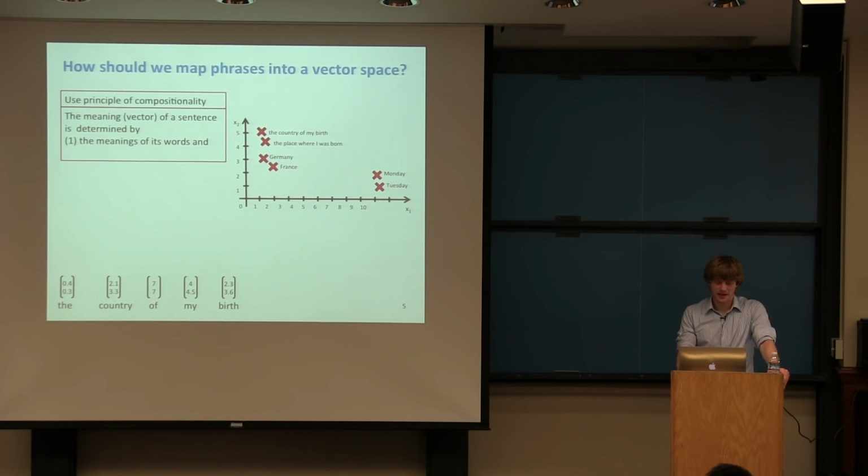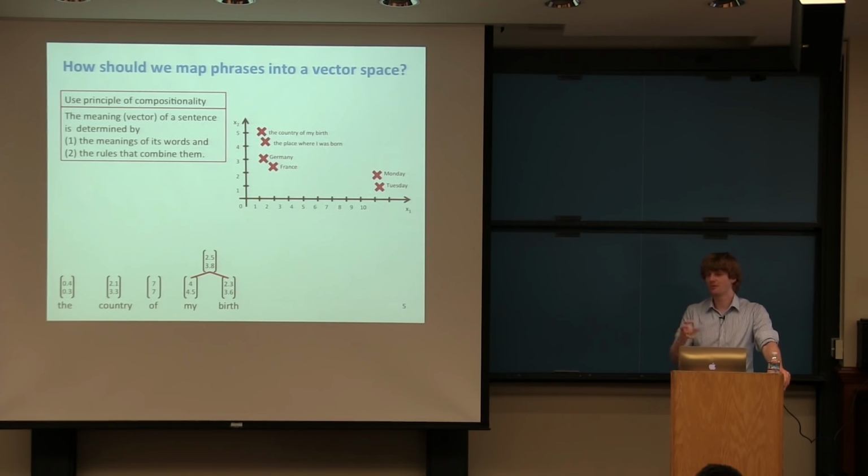And 2, the rules that are used to combine them. And unlike before, where we just go from left to right and compute 1 vector for everything that we've read so far from the left side, this time we'll adhere to the grammatical structure of the sentence, and we'll try to find specific noun phrases that go together.